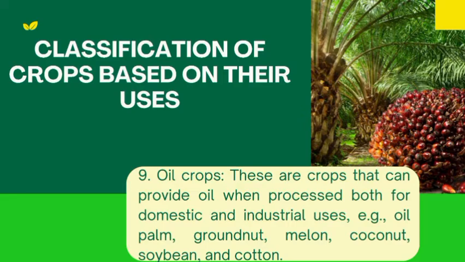It can also be used for industrial use, maybe to produce soap and other materials. Examples of crops you can extract oil from are oil palm, groundnut, melon, coconut, soya bean, and cotton. In all of these, oil can be extracted from the seed. That is why they are classified as oil crops.